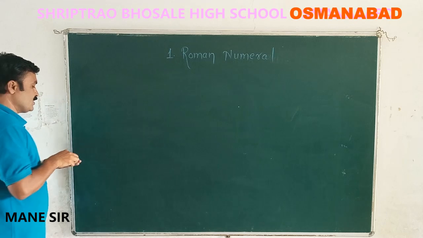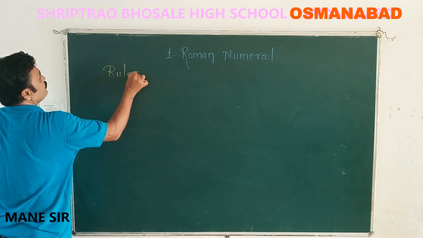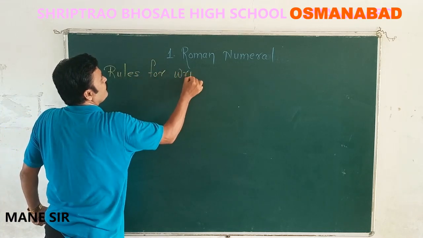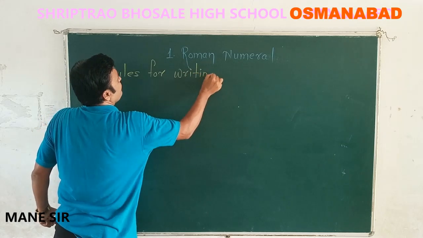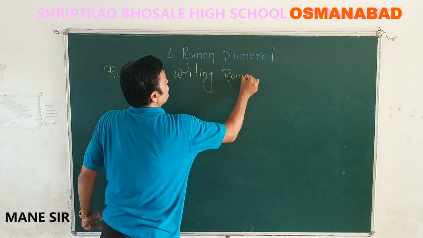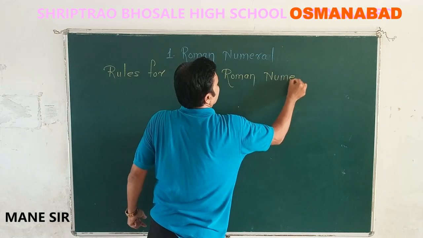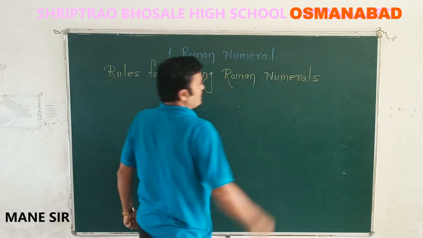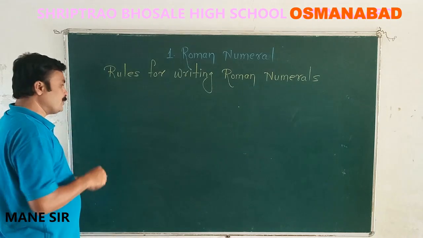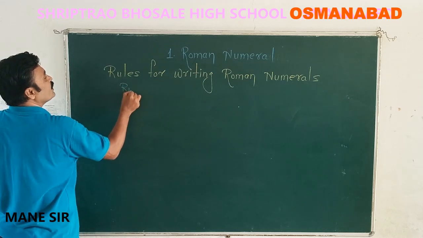The part we continue is rules for writing Roman numerals. Today we are explaining rule number 3. So it's a heading that we take, rule number 3.